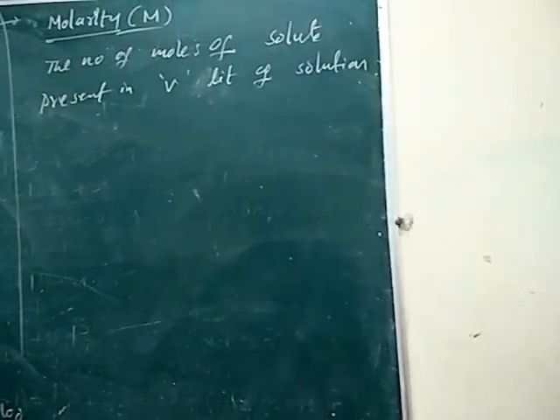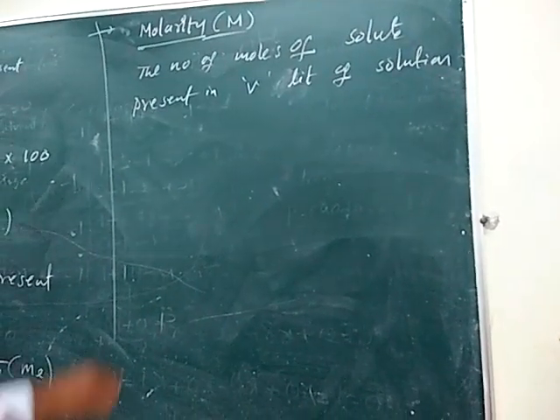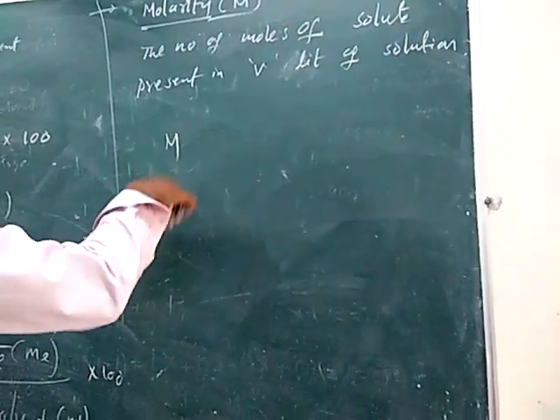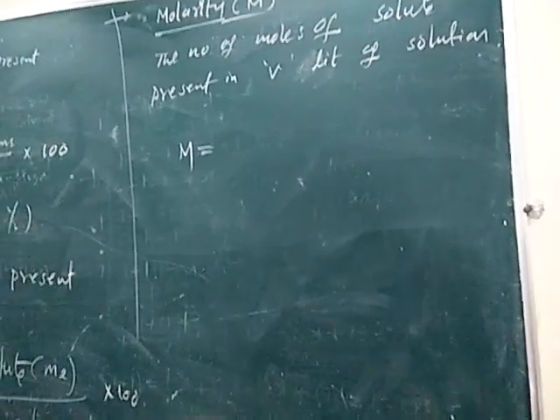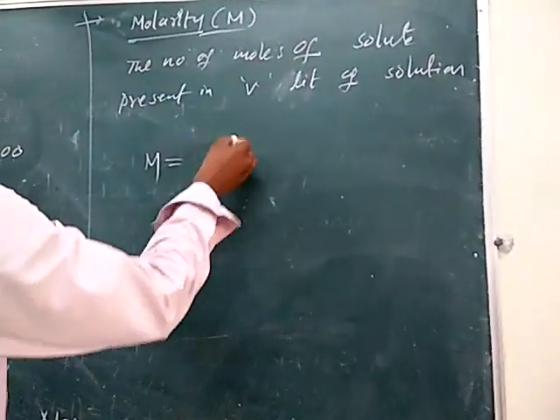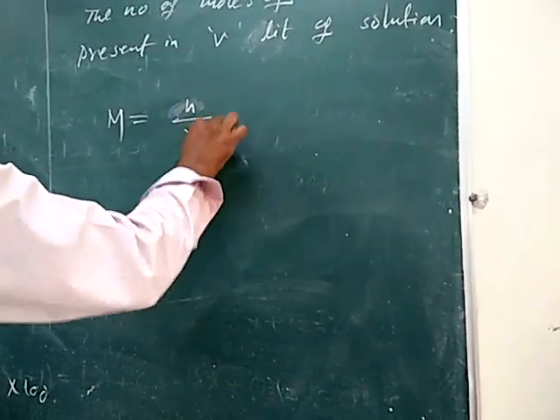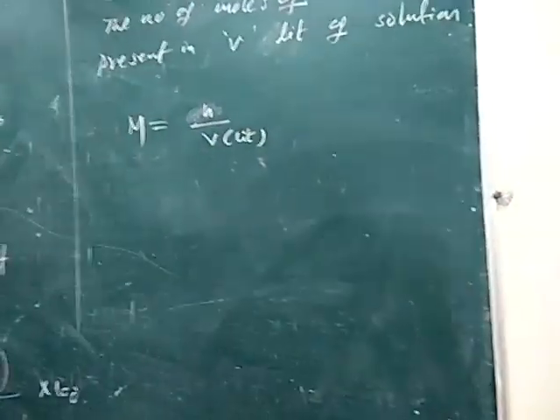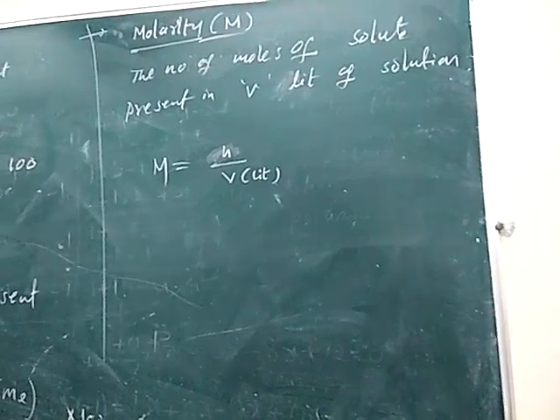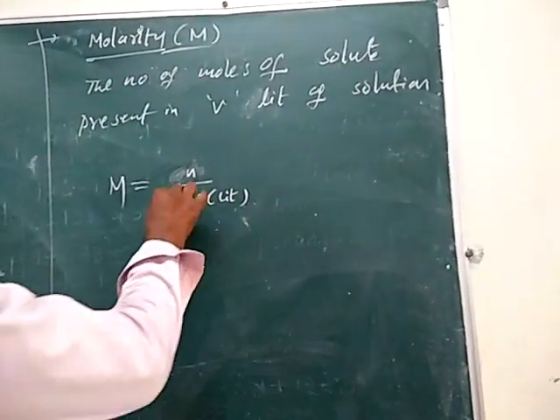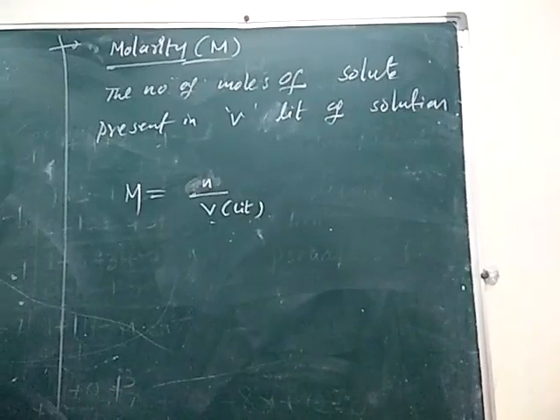So the formula: molarity M equals number of moles N by V in liters. N is the number of moles.